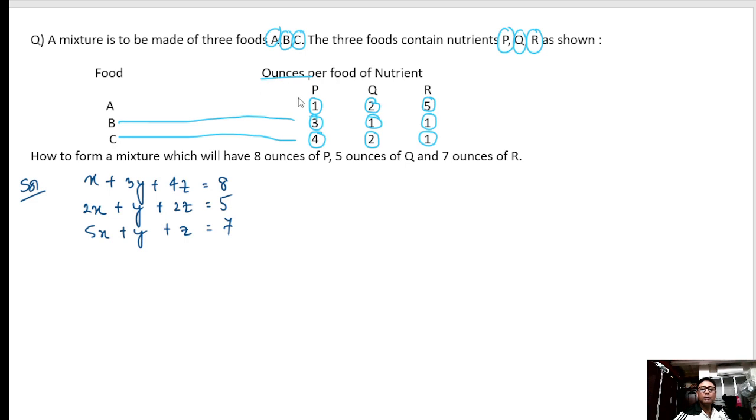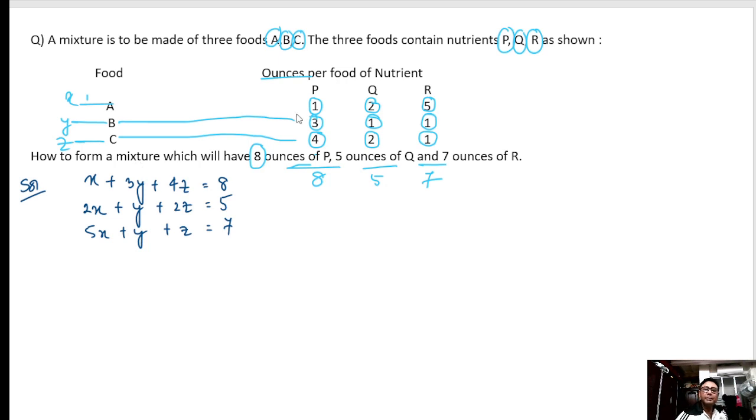Okay, so suppose they are telling that total P nutrient is 8 ounce. Total of this P nutrient should come 8 ounce, and this should come 5 ounce, and this should come 7 ounce. So let me make X quantity of A food, Y quantity of the B food and Z quantity of the C food.